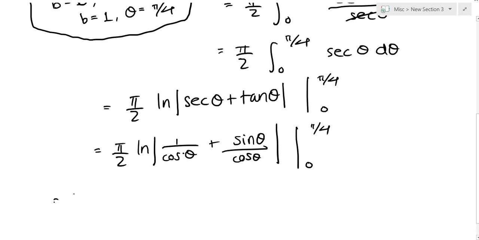So pi over 2, and then when I plug in the upper bound, cosine of pi over 4 is 1 over square root of 2.